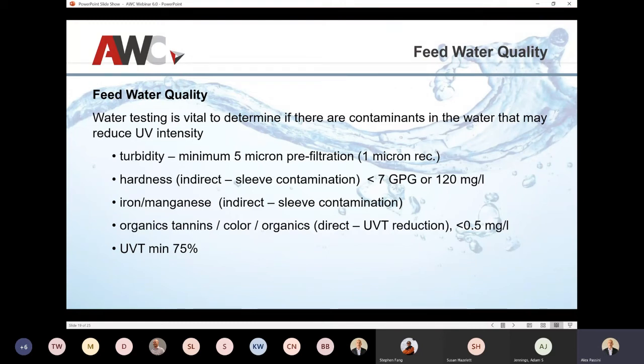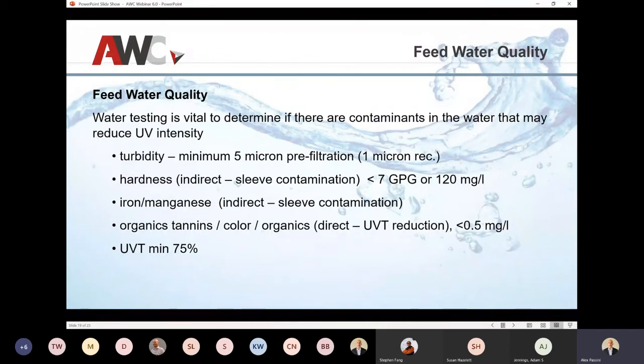Okay, that affects turbidity. Hardness. Hardness is important. Hardness is a dissolved mineral; we're going to find calcium carbonate in our water. It's not necessarily that it's going to interfere with the treatment per se, but it's going to interfere with the maintenance. Hardness is going to start building a scale, or lime formation, calcite formations over your sleeve.